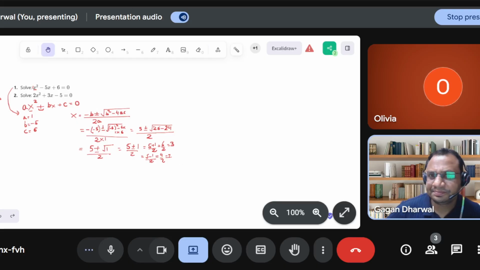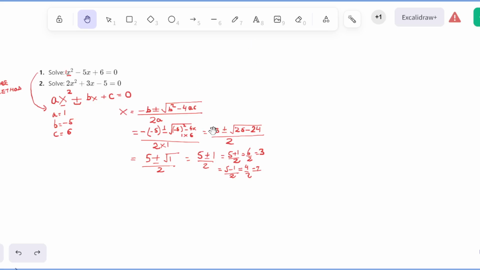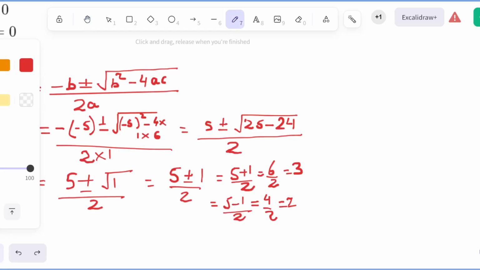One thing you should know is this part, b square minus 4ac, which is there in the formula, right? This part, b square minus 4ac, is known as the discriminant.